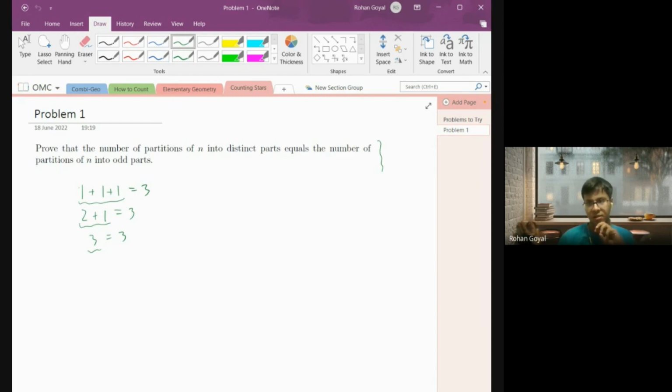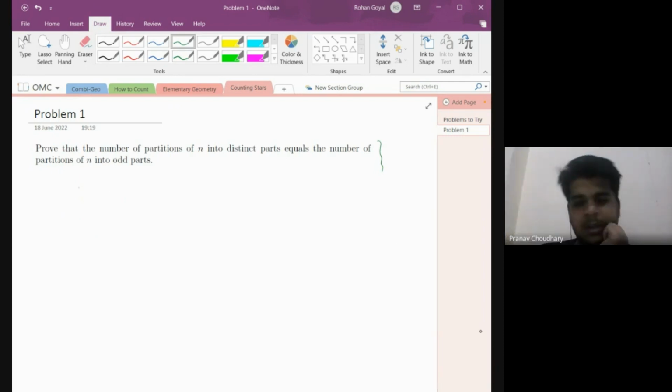So we usually just put them in non-increasing or non-decreasing order, whichever you prefer. Usually it's non-decreasing, so this would be 1 plus 2. I'm not sure actually, but the point stands. Make sense? Okay.